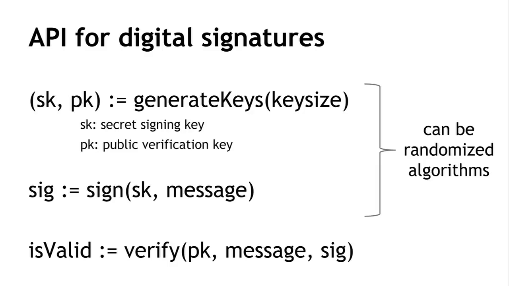It takes the public key of the signer, the message that the signature is supposedly on, and the supposed signature, and it just says yes or no: is this a valid signature? These three algorithms constitute a signature scheme. I'll note that the first two can be randomized algorithms. The verification won't be; it will always be deterministic. And in fact, generate keys had better be randomized, because it ought to be generating different keys for different people.